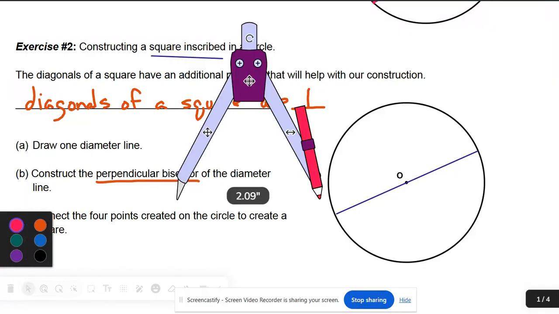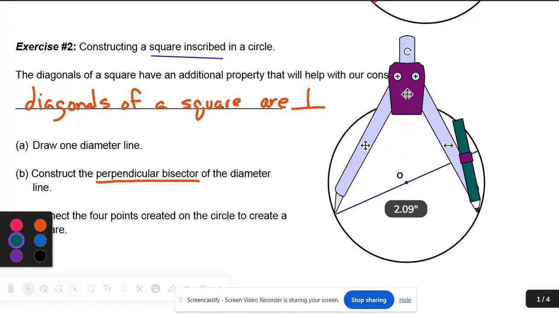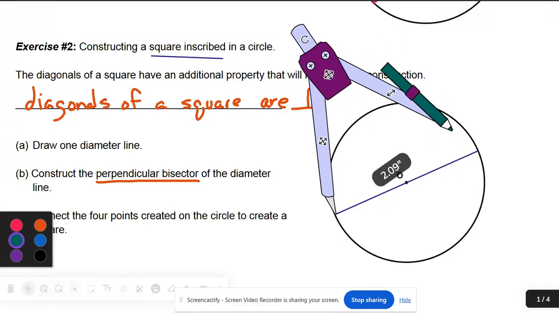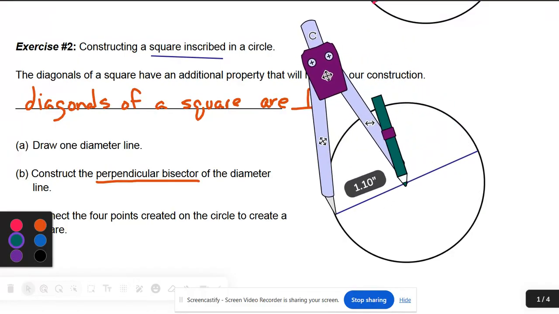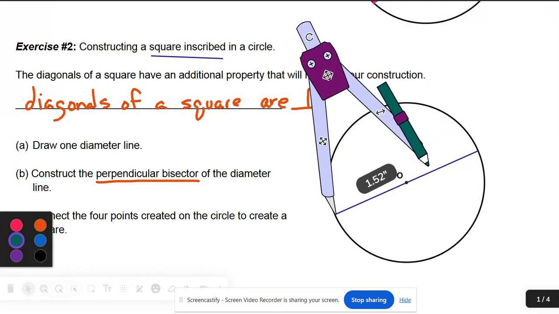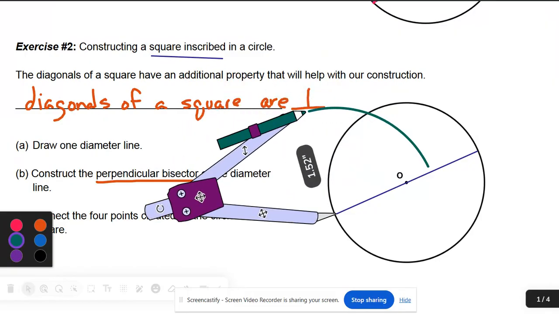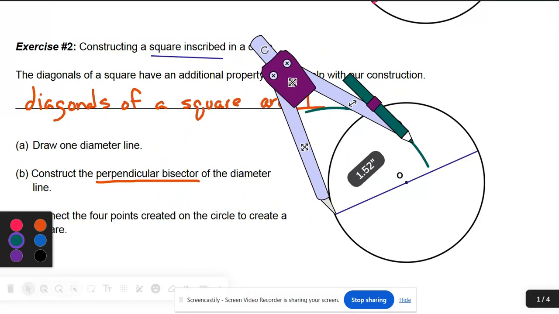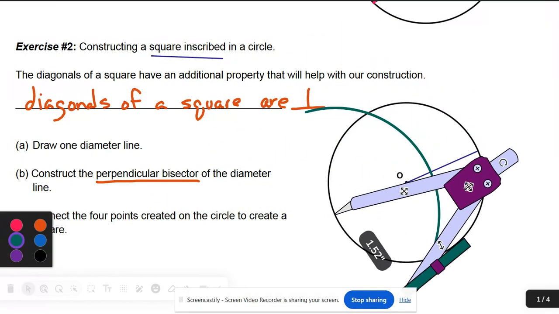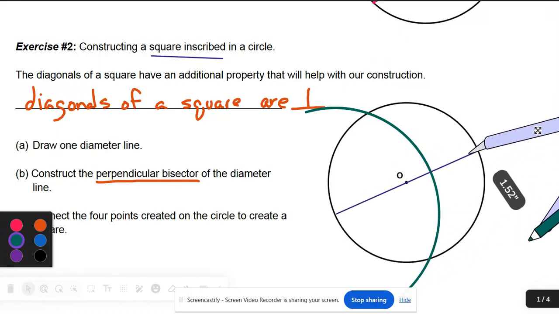So I can take my compass. I can put it on one end of the diameter. And just like before, to do a perpendicular bisector, you just have to go more than halfway. So I can make my arc this way. And again, you don't have to make the whole thing if you don't want to, but you can.